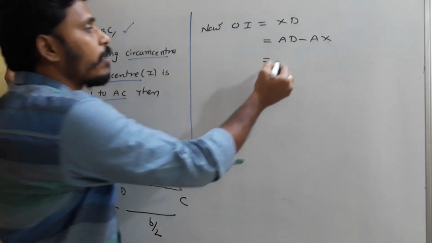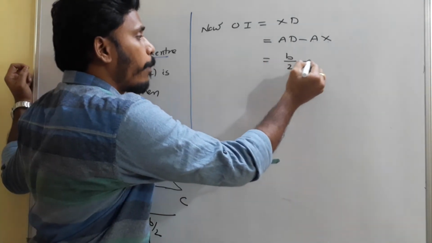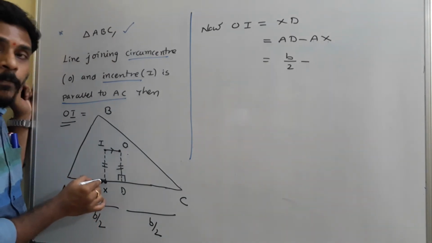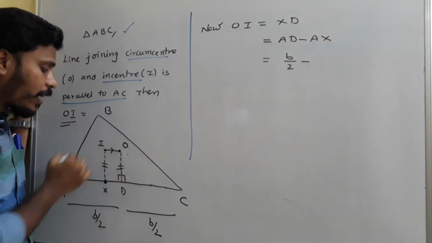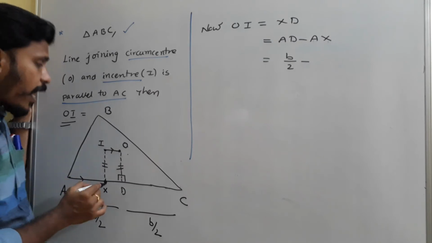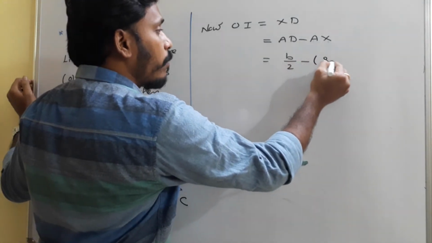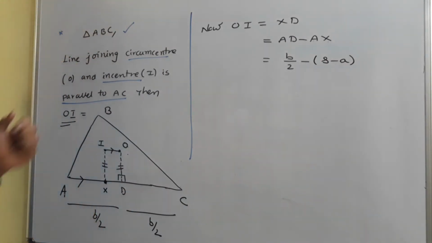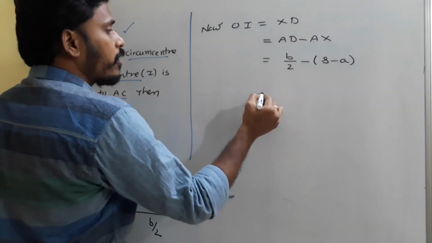Here AD is simply B by 2 minus AX. This X is the point at which the incenter touches the side, so we already have this AX length as S minus A. Now we have B by 2 minus S minus A, and we need to simplify.